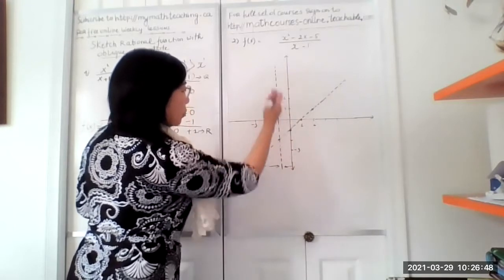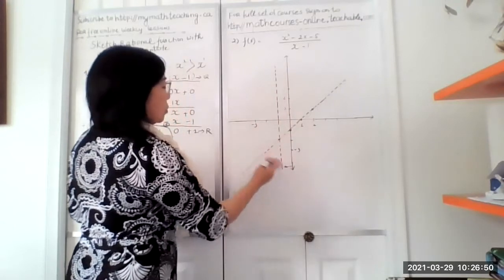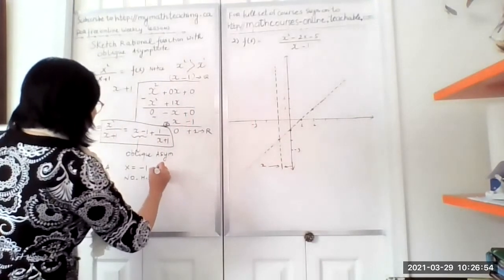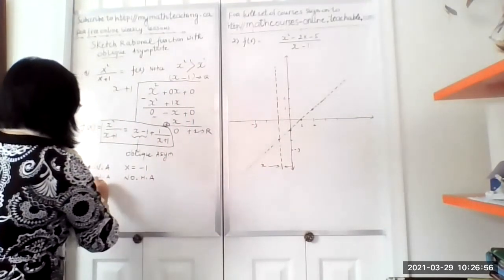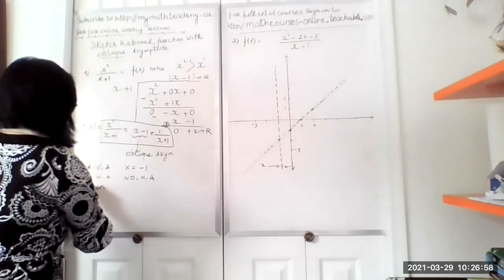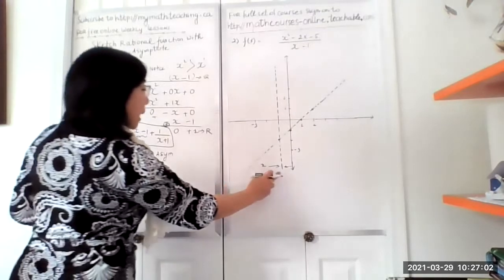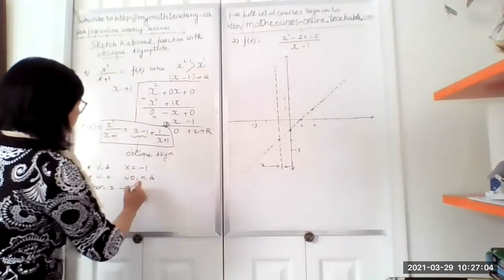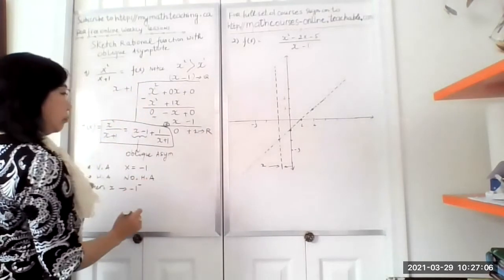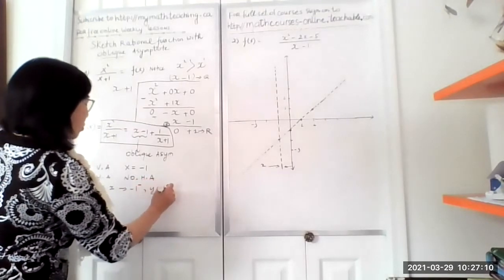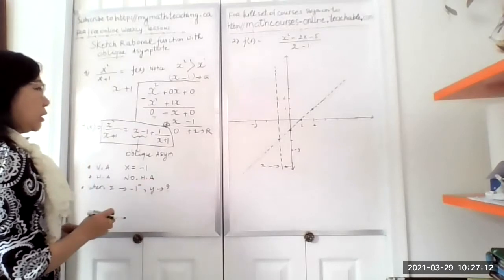So when x approaches -1 from the left, what does y approach? That's our question.